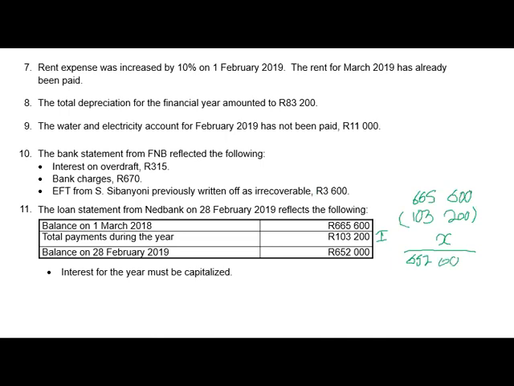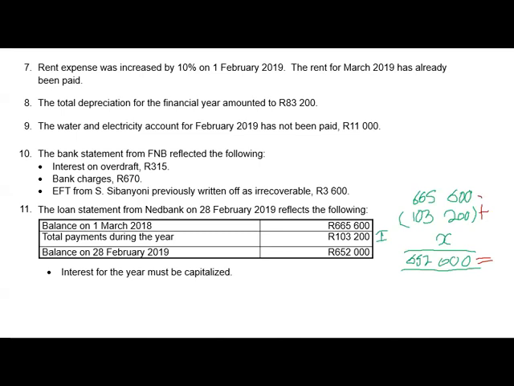Now, to calculate that X, you just use the reverse operation principle. You add what you subtracted, you subtract what you added. So you will take this value here, add what you subtracted, and subtract what you added.